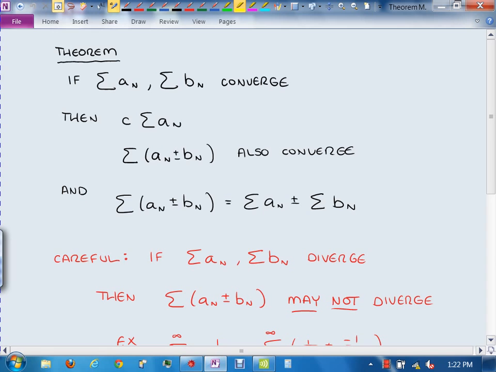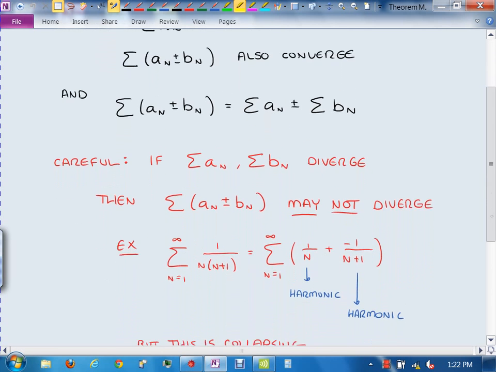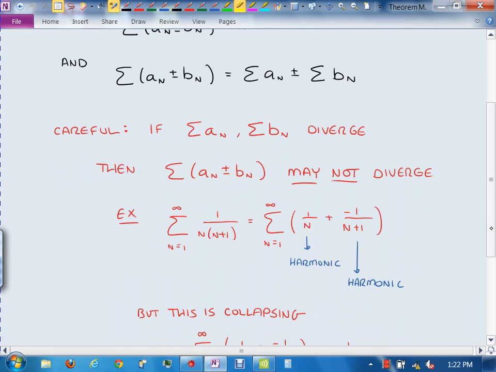That seems to kind of make sense. And if you add them together, it's the same as adding the terms together and then summing them or doing them separately. Now, the reason why this is so critical for me to point out is that this theorem tells you nothing about if they diverge. It says if they converge, then you can add them together and get an answer. But if they diverge, you can't.